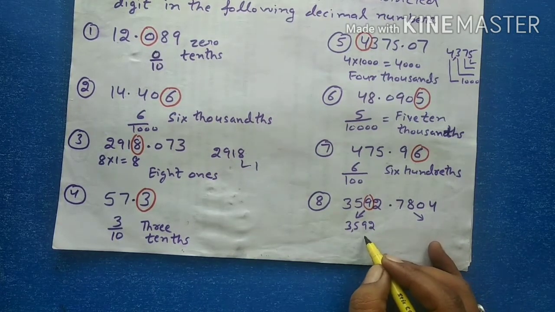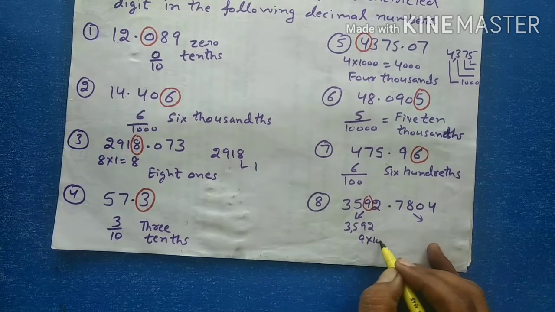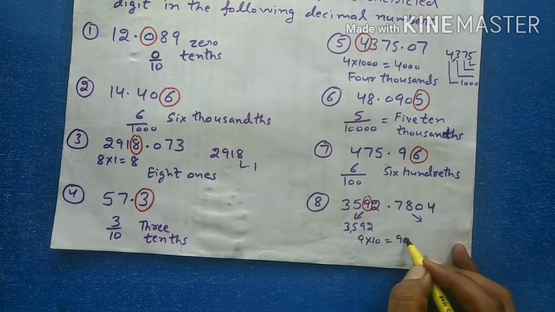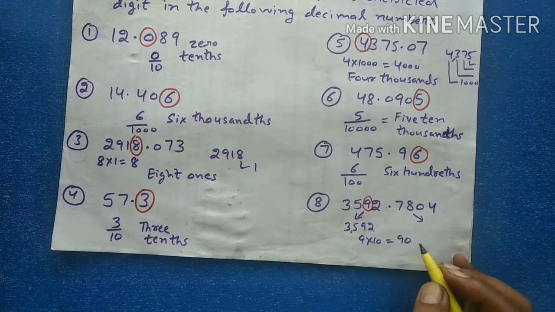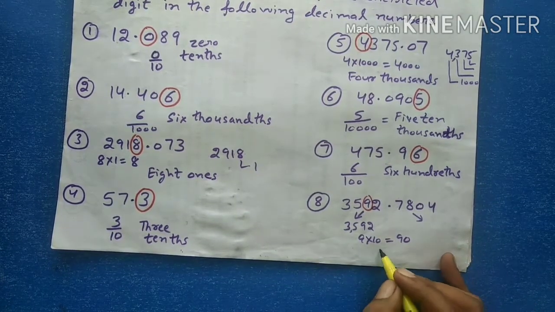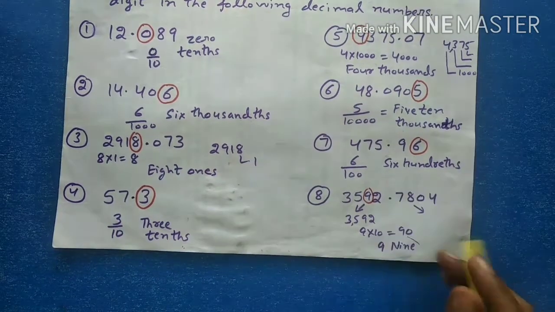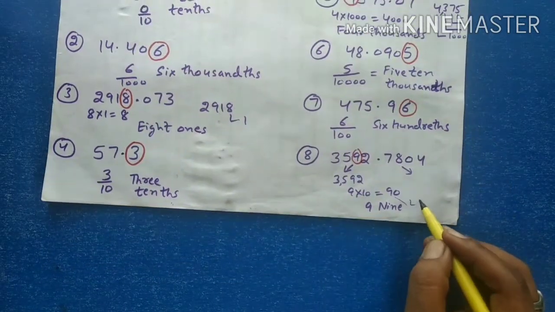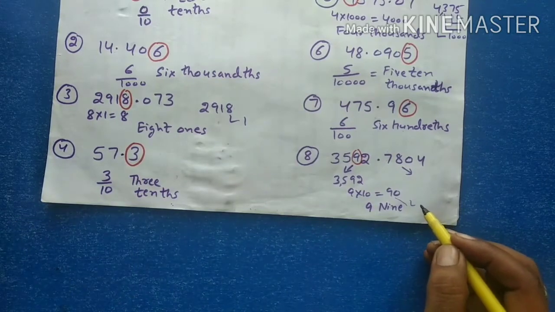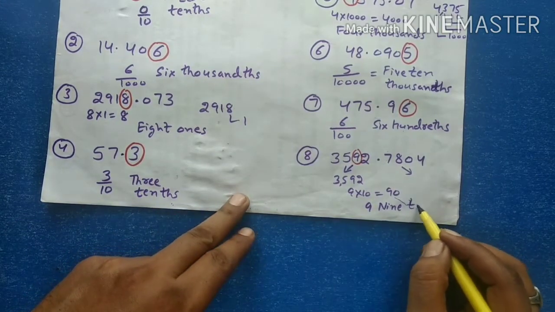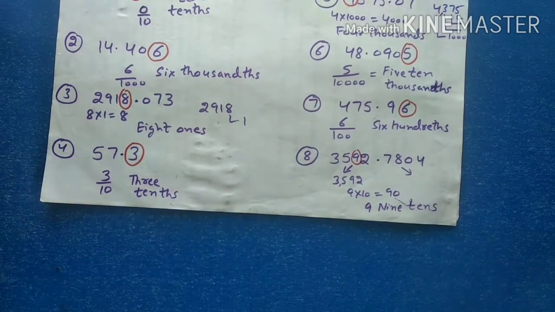So I will write 9 multiplied by 10, that is 90. So I will write 9 tens. 9 tens is the answer, student.